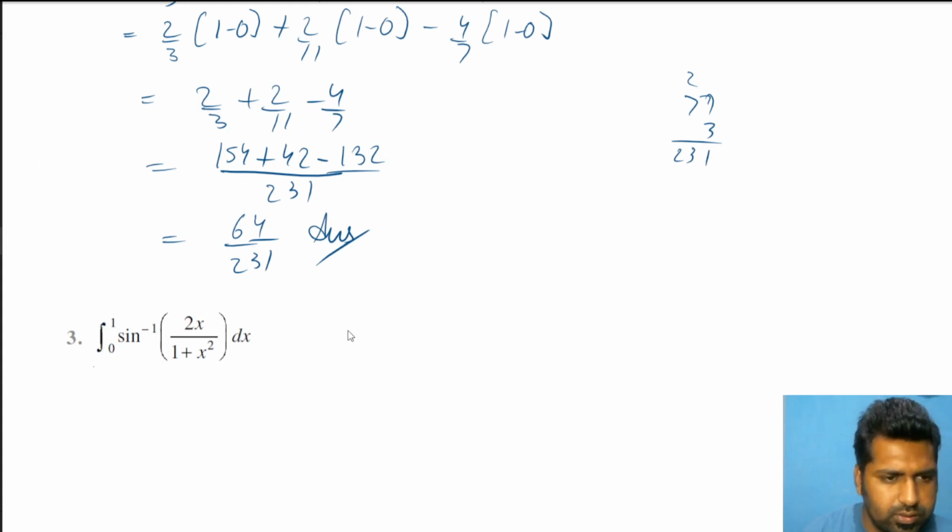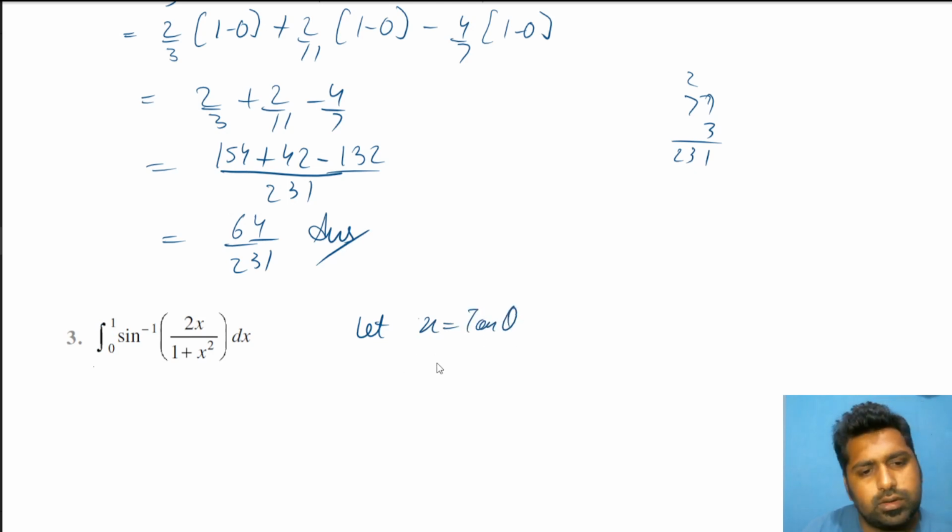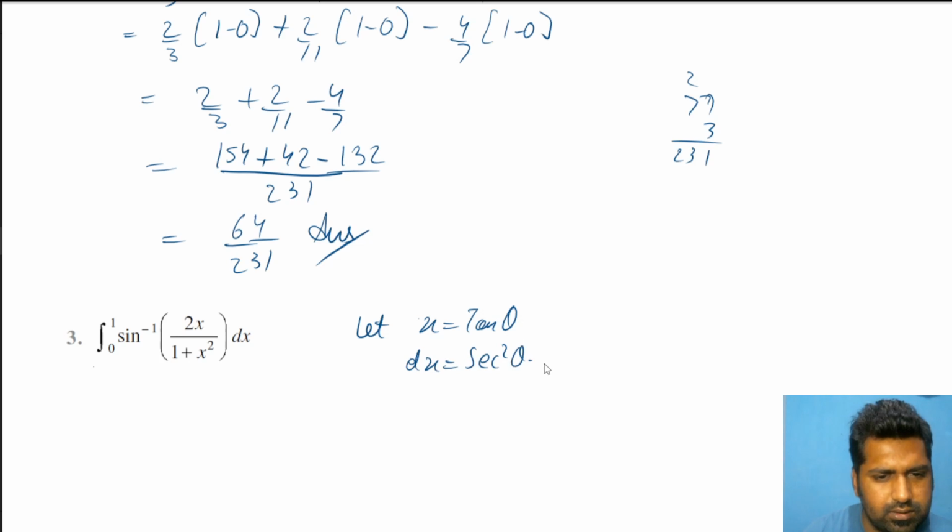Okay, so let x be tan theta, then dx is equal to sec square theta d theta. Okay, let's replace this dx, then this expression will solve, but the limit also we have to decide.